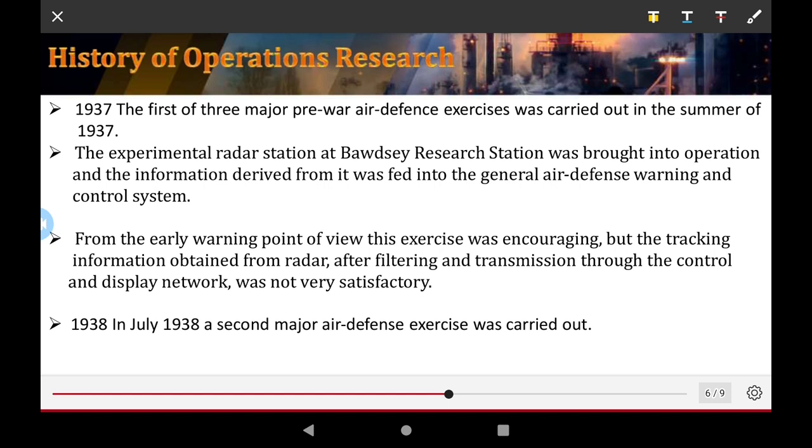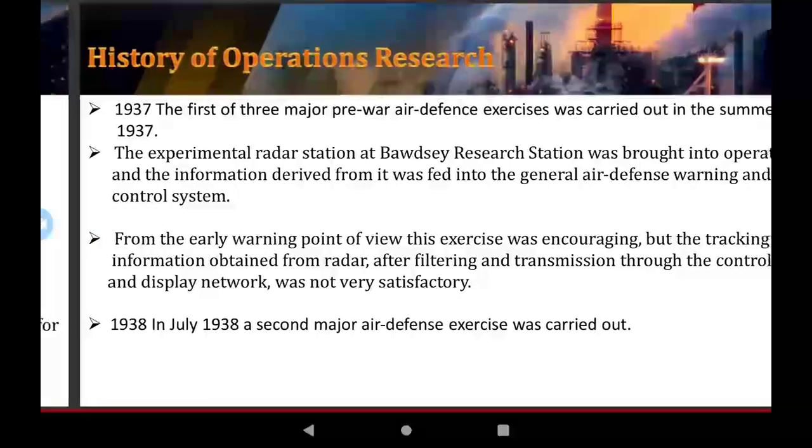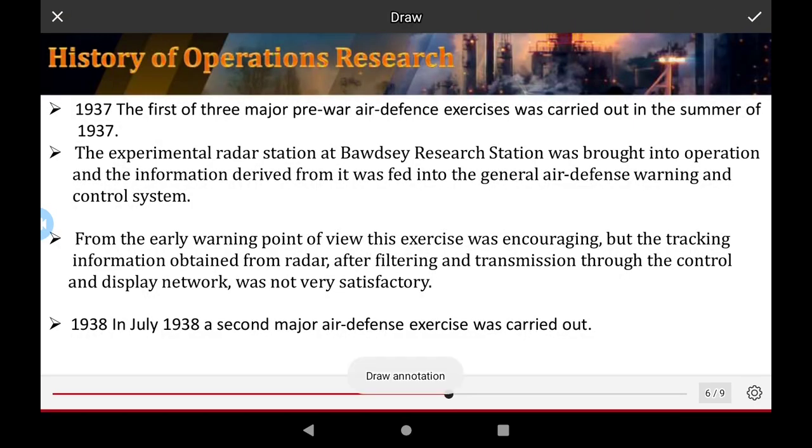The display of the radar systems and other information taken to the network was very satisfactory, and command was a very important factor of operation research in other experimental studies in 1938.